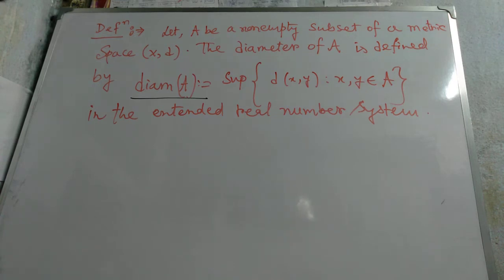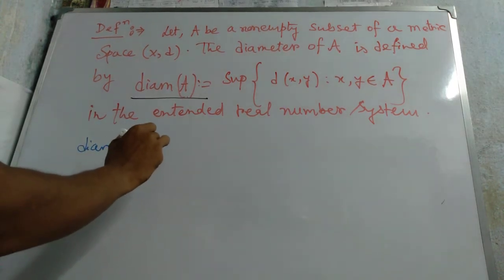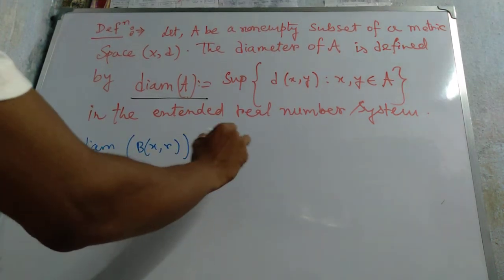Next we go to another problem. This problem is that the diameter of an open ball B(x, r) is less than or equal to 2r.